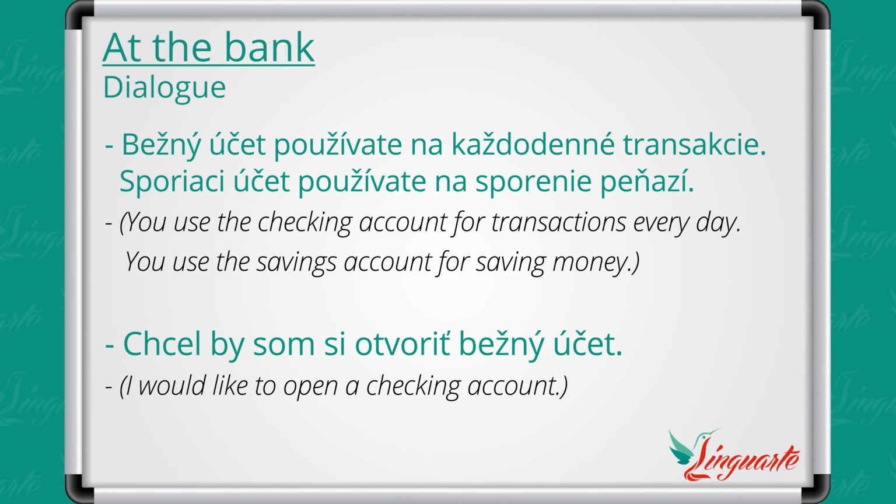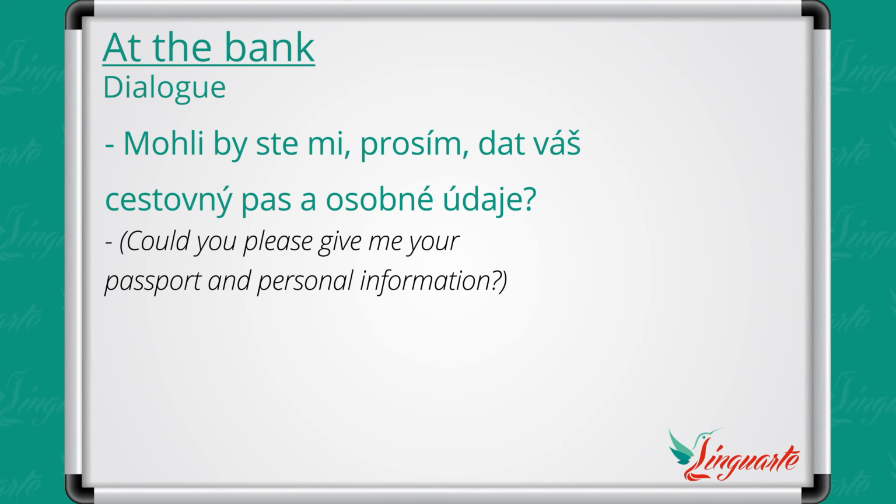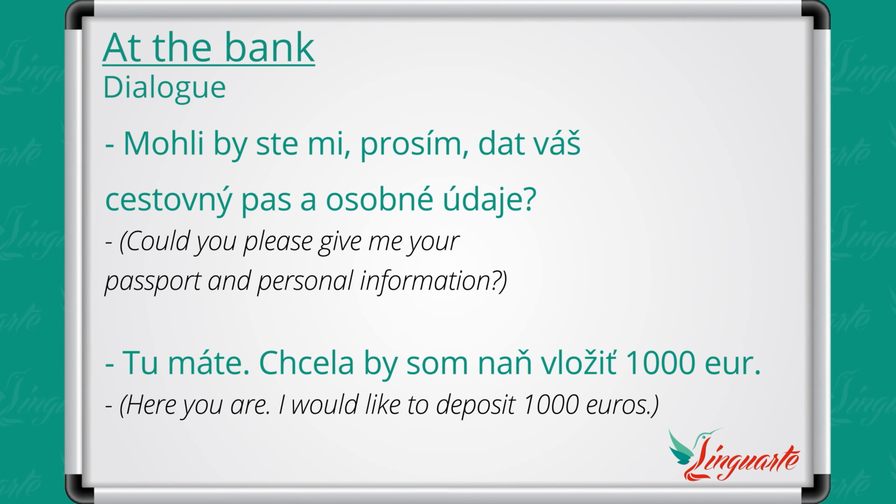Customer. I would like to open a checking account. Úradník. Mohli by ste mi prosím dať váš cestovný pas a osobné údaje? Clerk. Could you please give me your passport and personal information? Zákazník. Tu máte. Chcel by som si naň vložiť 1000 eur. Customer. Here you are. I would like to deposit 1000 euros.